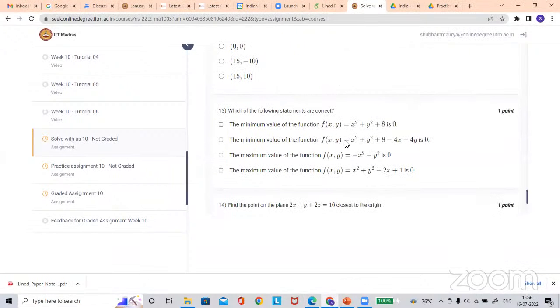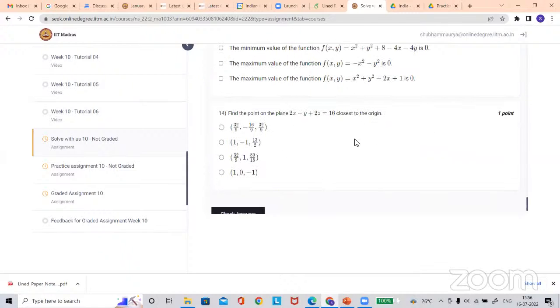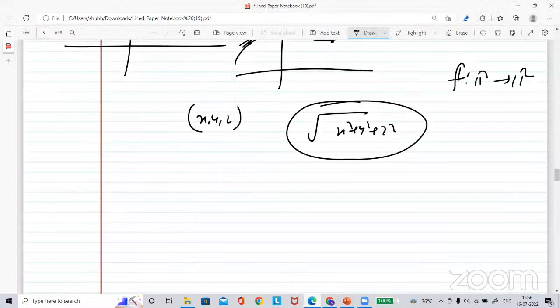So you have this function, the distance formula from the origin, and these points are from the plane.